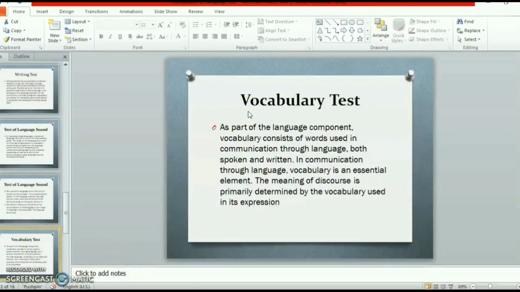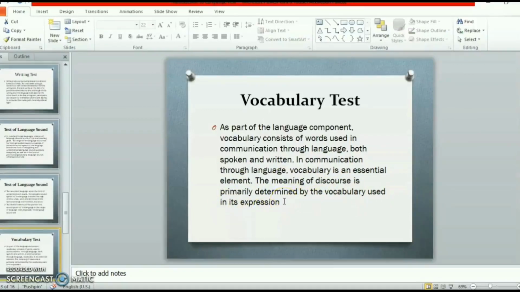Next, vocabulary test. As part of the language component, vocabulary consists of words used in communication through language, both spoken and written. In communication through language, vocabulary is an essential element. The meaning of discourse is primarily determined by the vocabulary used in its expression.